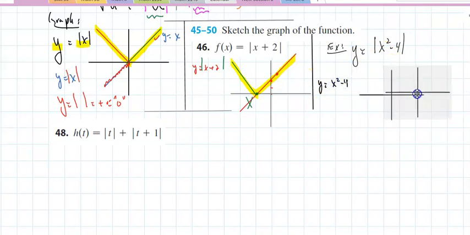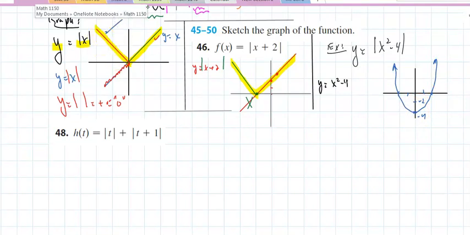That graph is a parabola shifted down. Let's say this is negative 2, this is negative 4, and this is 2, 4. The graph looks something like this. So I'm not showing you how to graph an absolute value in this section. I'm teaching you how to graph all absolute values, every single one of them.